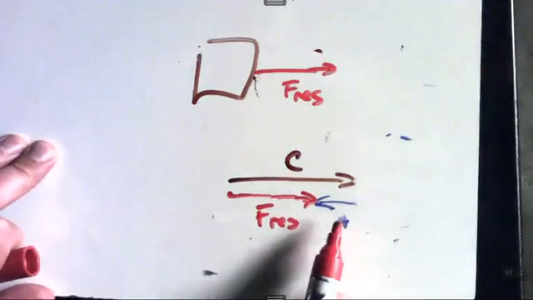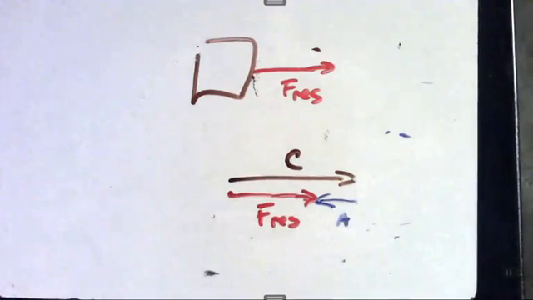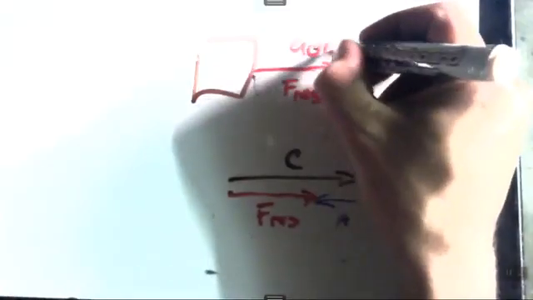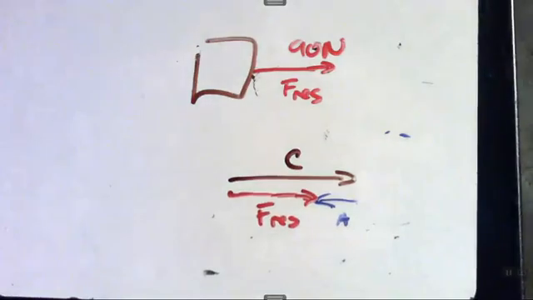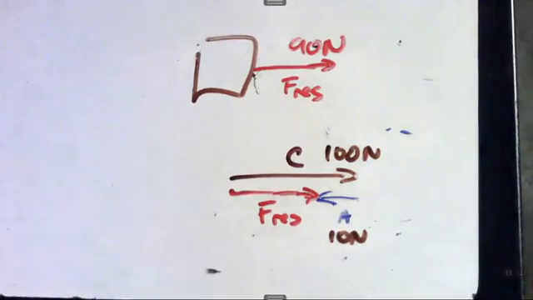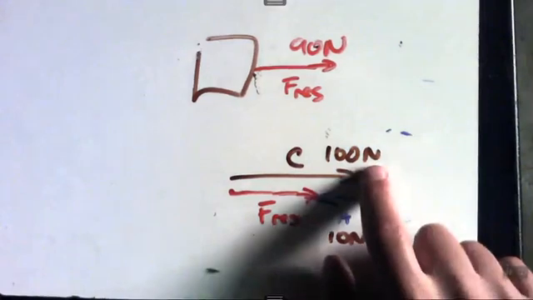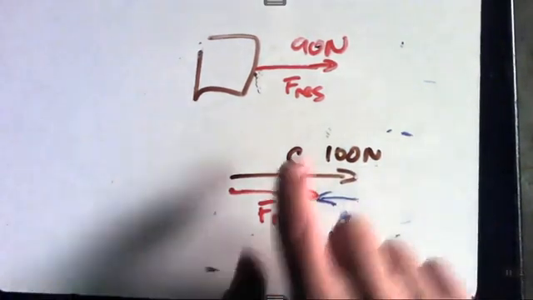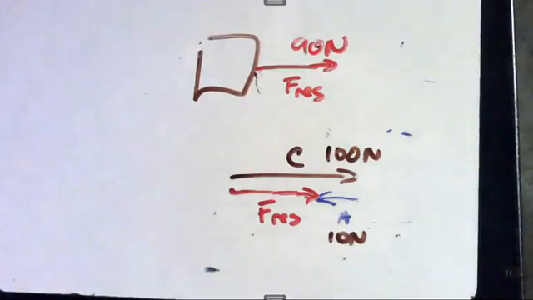And that is the result of Anshu and Charles pushing in opposite directions. It would be that much, as we calculated, 90 Newton if this was 100 and that was 10. Okay, so the result of Charles pushing this way and Anshu pushing that way, 110, is the resultant force, which is 90.